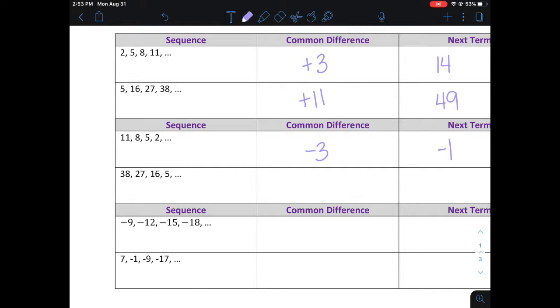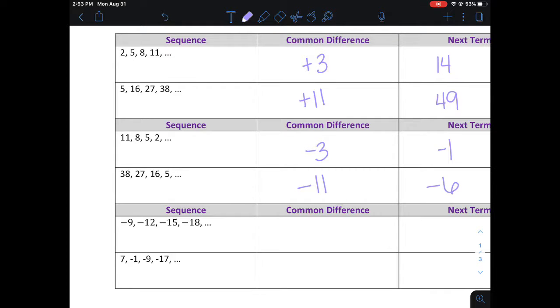All right, 38, 27, 16, and 5. What did I add to get to the next term? I'm adding negative 11 to get to the next term. Now 5 plus negative 11 will get me to negative 6.